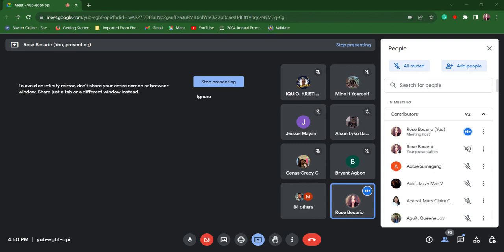Ang beginning 163. Ending is 142. Tapos ang collection kay diri. Debit cash, credit. So this is 305.